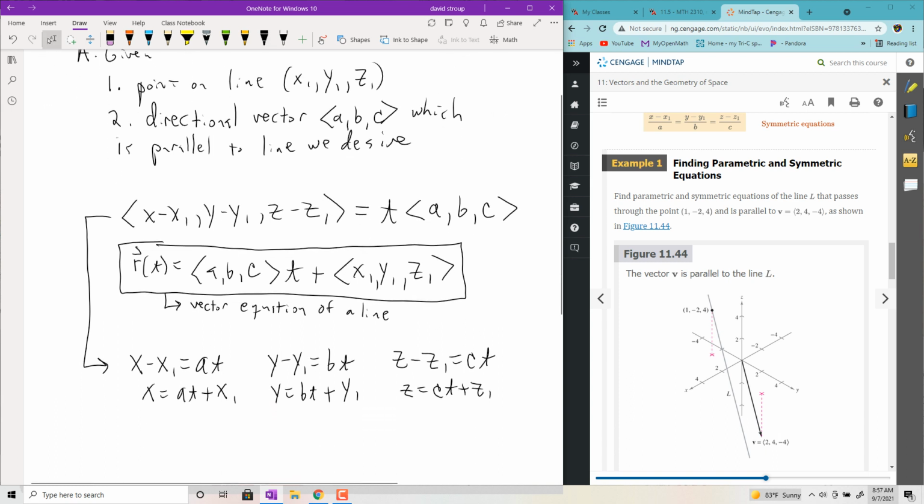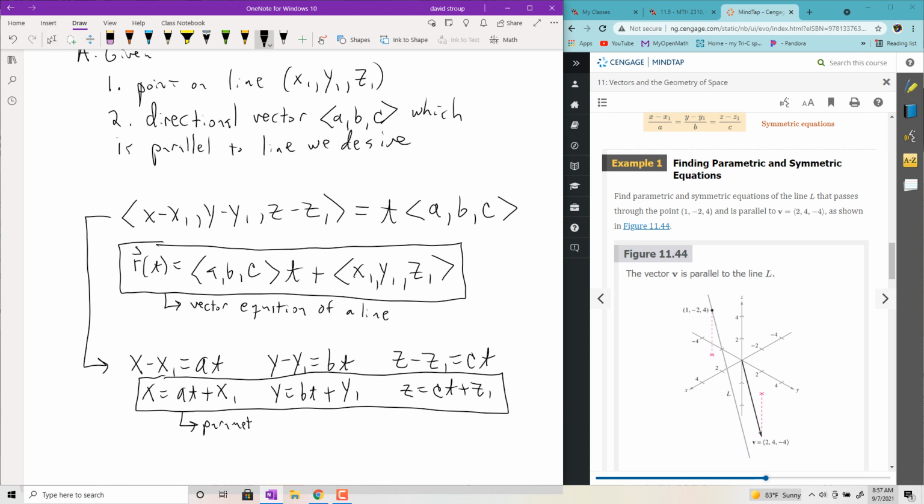Okay, and so those equations there are your parametric equations for a line in space.